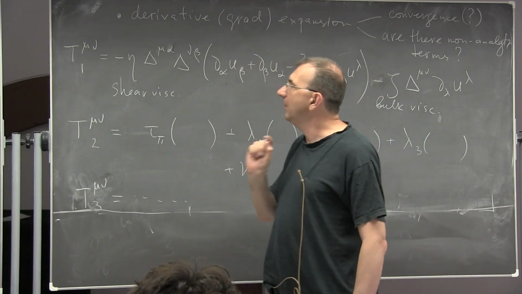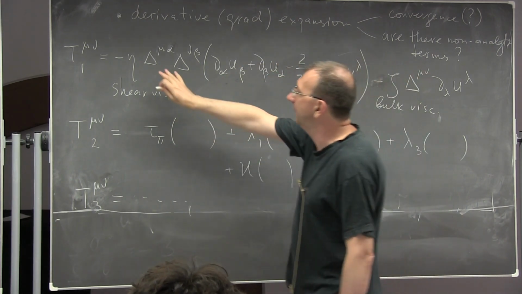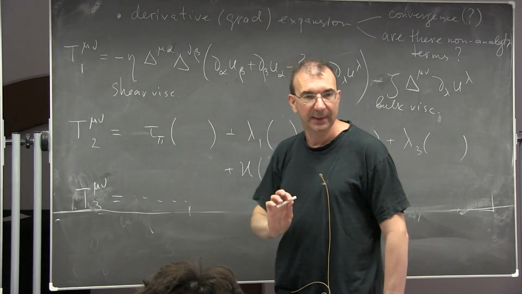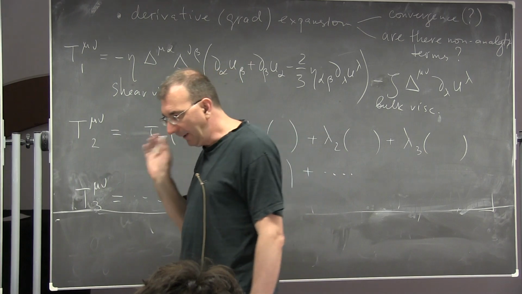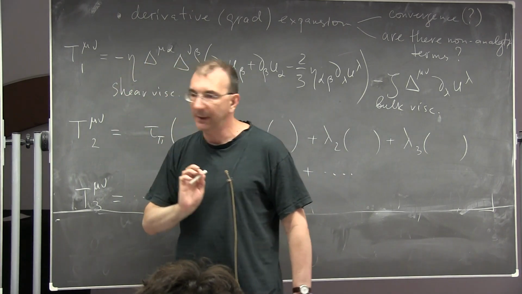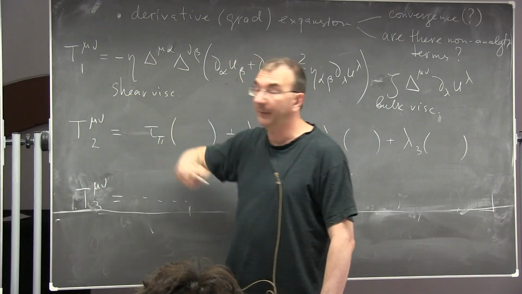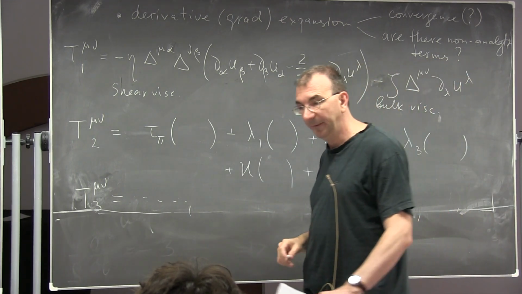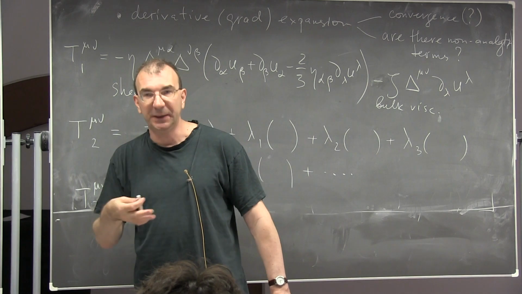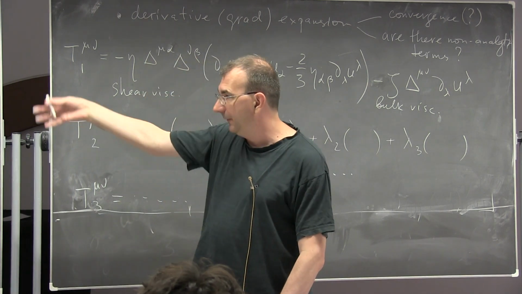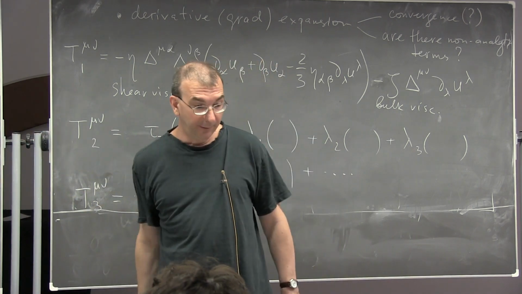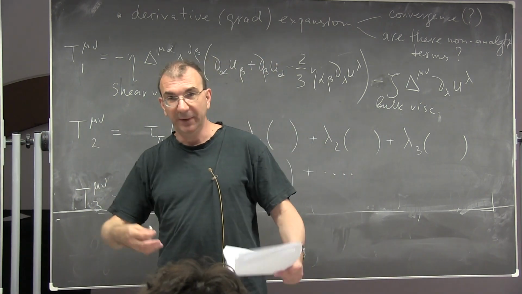So you may wonder if all of these transport coefficients are actually independent. And there are ways to check whether or not they are independent. So in particular, for first order hydro, for example, you may ask whether the second law of thermodynamics is satisfied. So you can compute the entropy production using these equations. And for example, with T0, you will find out that the entropy is conserved, the entropy is not changing.